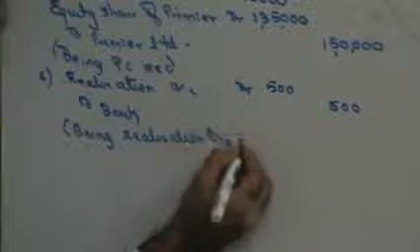Being realization expenses paid. Now do the calculation: on the debit side 1 lakh, credit side 12,000, credit side 1,50,000, and debit side 500. Difference is 61,500.